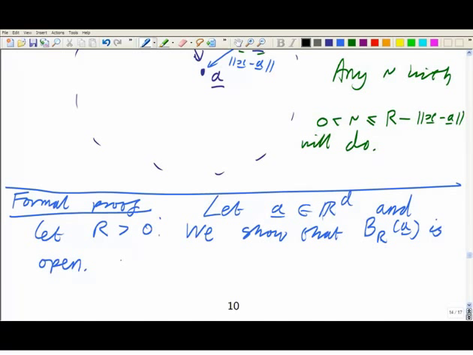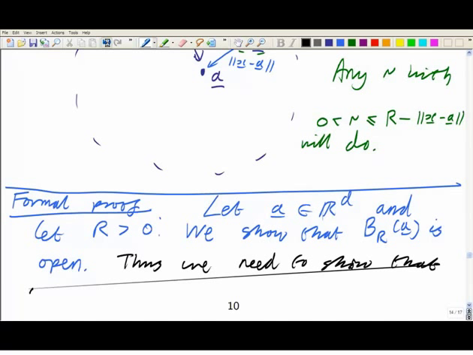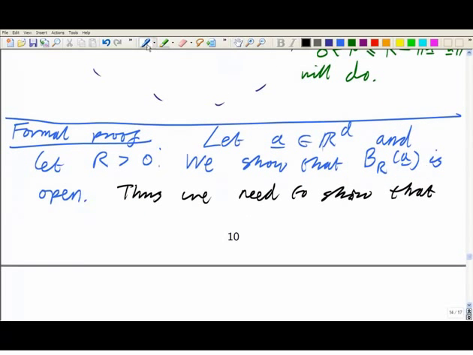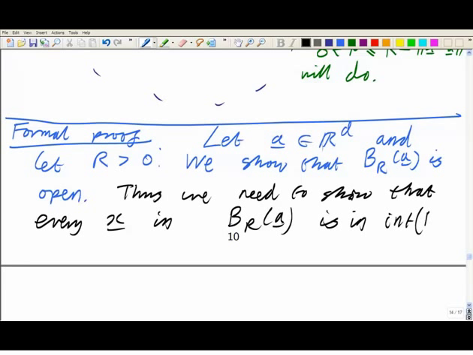Now, to show it's open, we have to show that every point of this set is an interior point. We need to show that every x in the ball is in the interior of the ball.